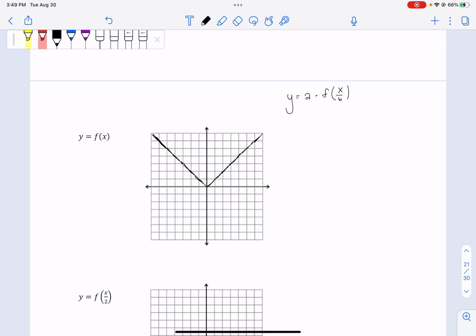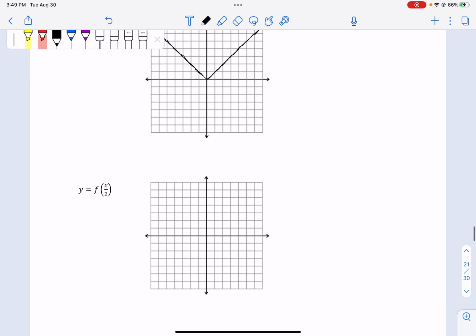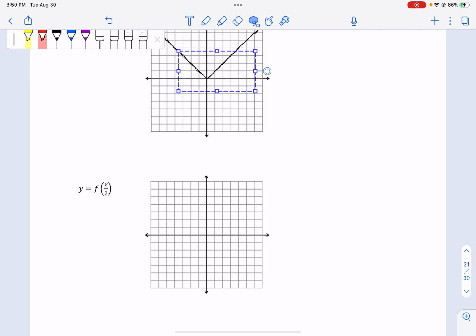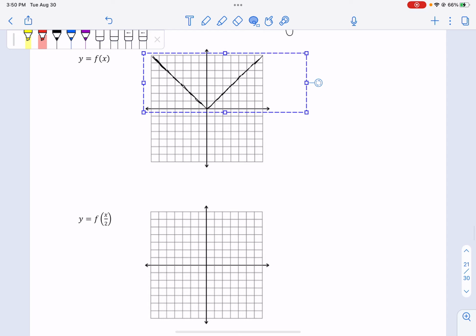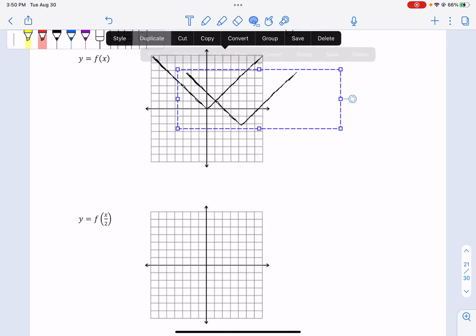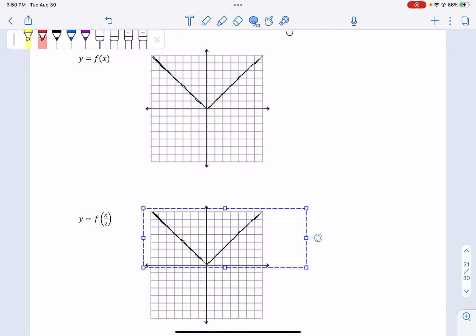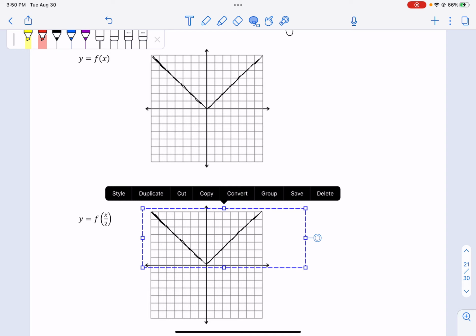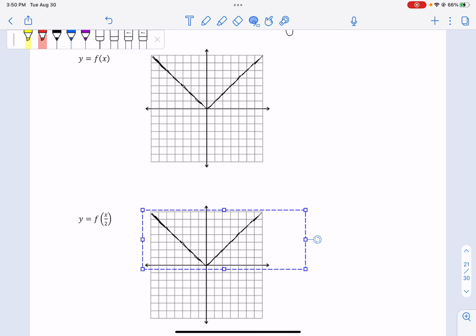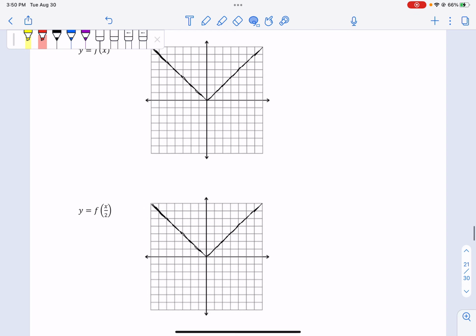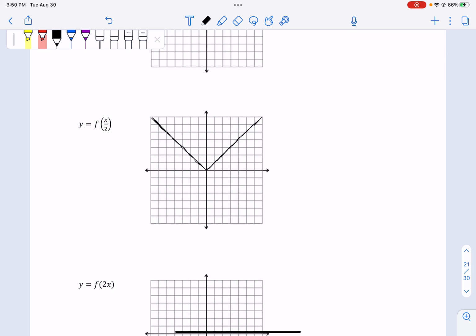Now, that's my original. I'm going to copy that. This is y equals f of x over 2. So my b is equal to 2. So all my x values I'm going to multiply by 2 here.